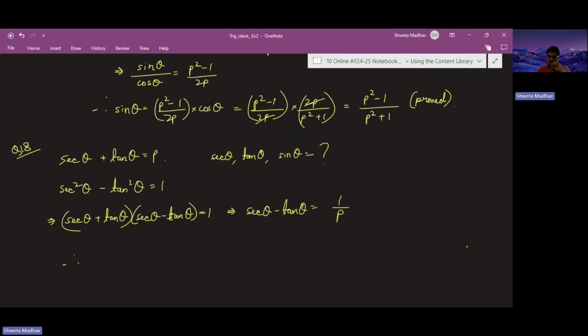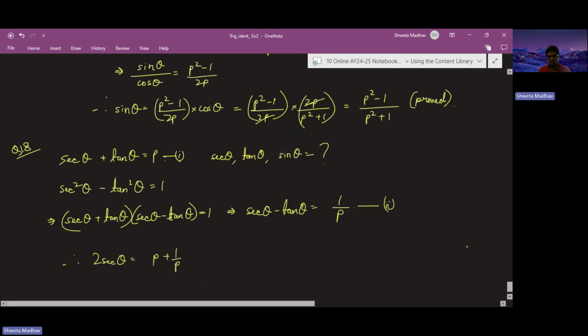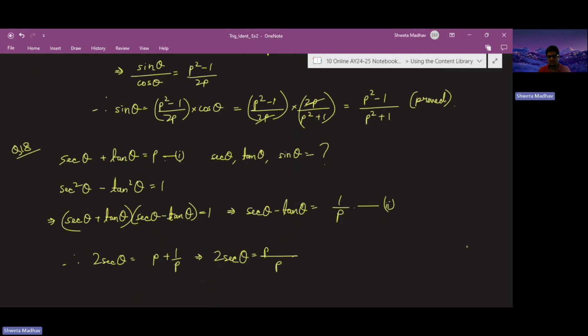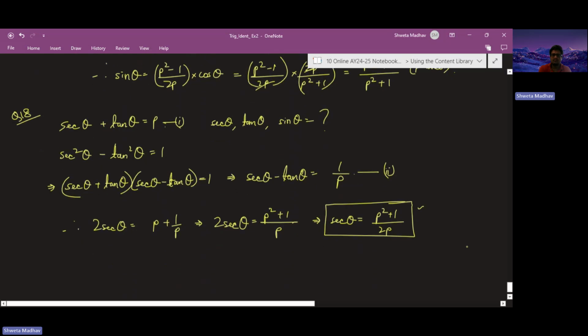If you add these two equations 1 and 2, we will get sec theta, since tan theta gets cancelled. So 2 sec theta is equal to p plus 1 by p. Taking the LCM, which is p, the numerator will be p square plus 1. Therefore sec theta is equal to p square plus 1 by 2p. This is the required expression for sec theta in terms of p.